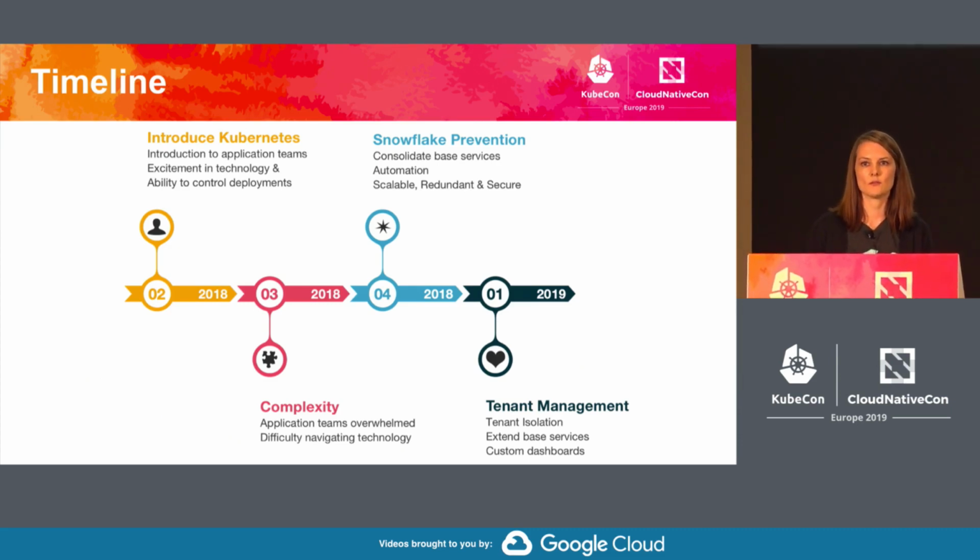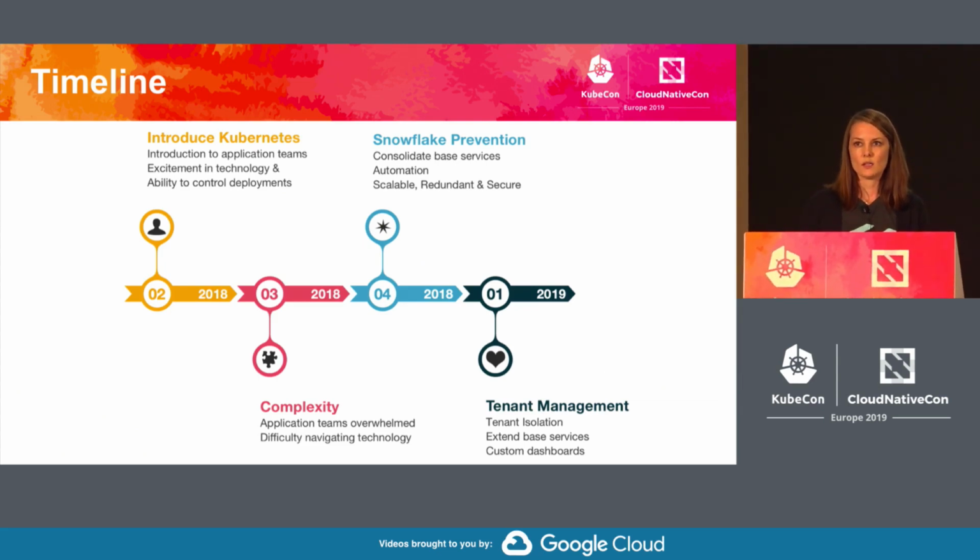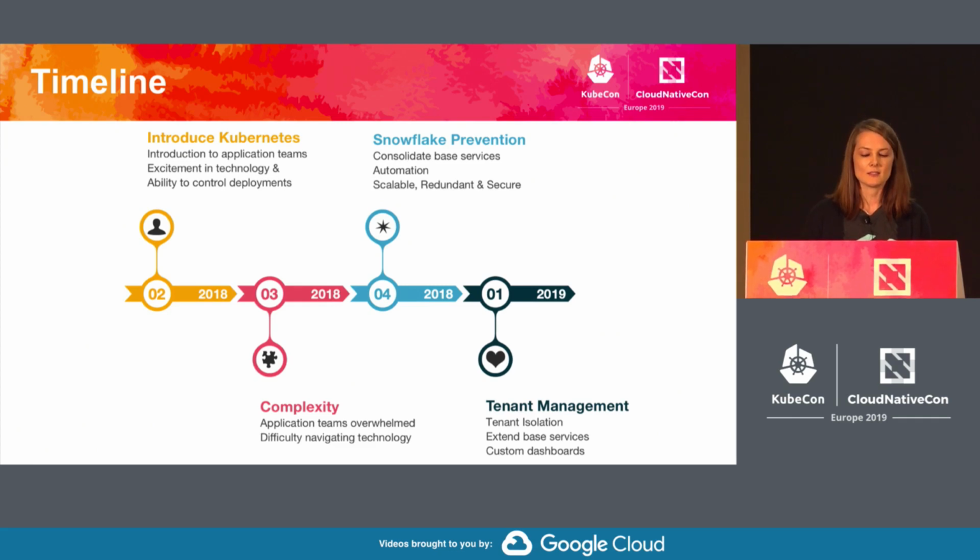Then in fourth quarter of 2018, we began to draw on the patterns we were seeing and consolidated the base services. We built in more automation, and we worked on creating scalable, redundant, and secure infrastructure.